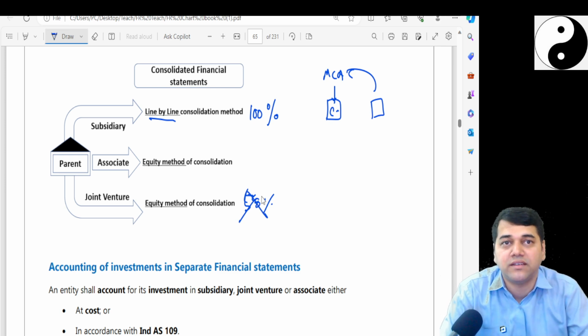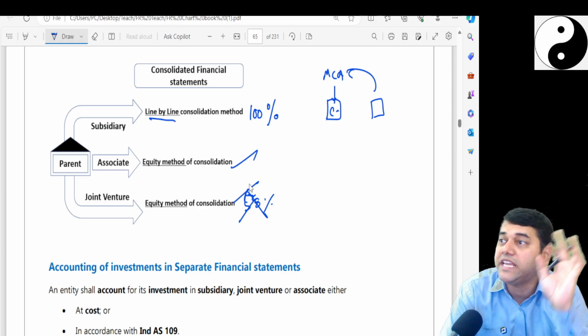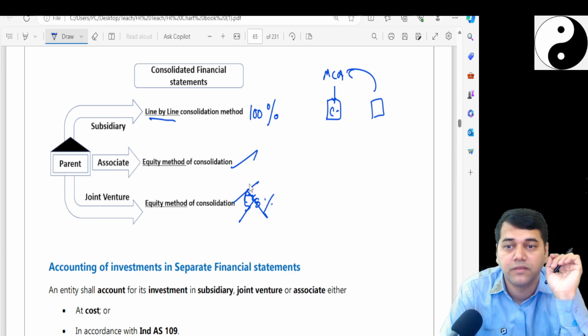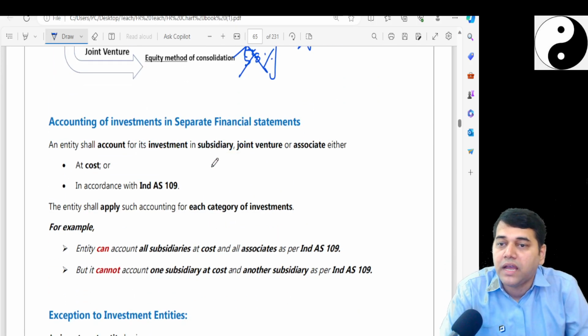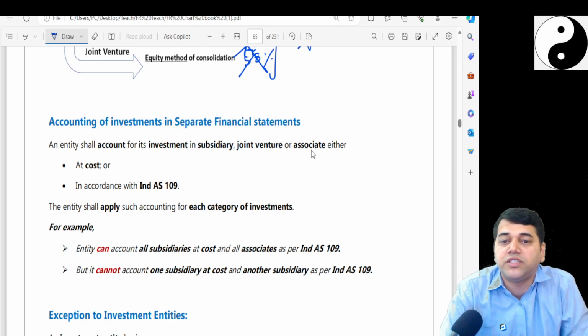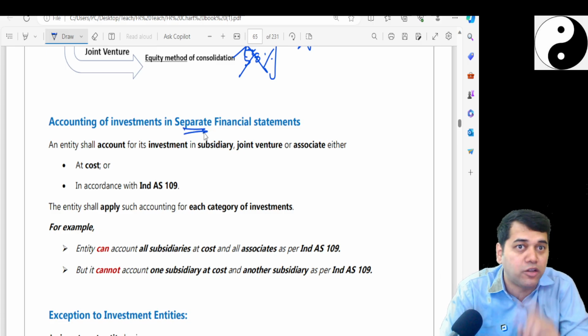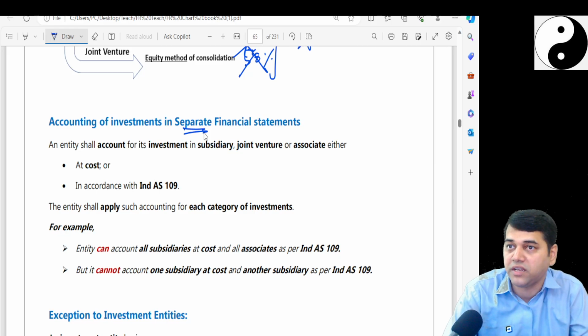Ind AS has scrapped that. For associate as well as joint venture, you have to follow one method called the equity method, which is governed by Ind AS 28. Now, an entity shall account for the investment in the subsidiary, joint venture or associate in its separate financial statements, not standalone. Standalone, which standard governs? 109.